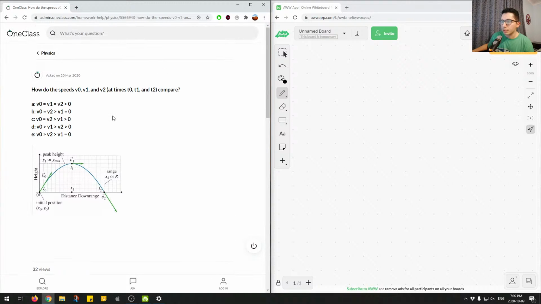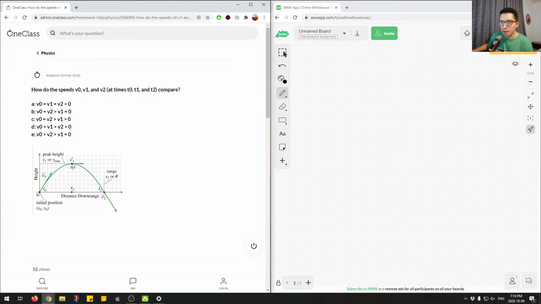Okay, so one thing to note for parabolas or anything that's going upwards and then downwards, there is a conservation of speed based mainly because of conservation of energy. At this point when it's initially thrown, all the energy is in the kinetic energy form, and as it goes up, this kinetic energy is converted into potential energy, and the speed diminishes.